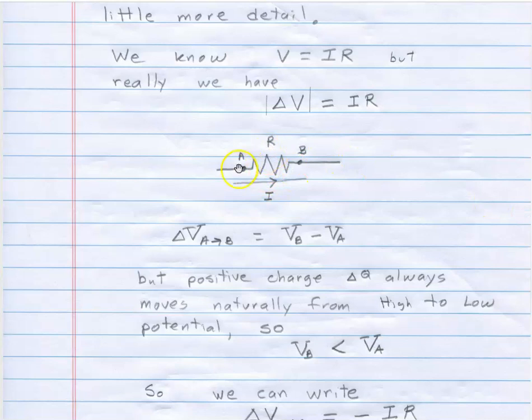Here's our resistor R. We've got a current flow, which I'm putting from left to right, from A to B. That may be the actual direction of current flow, or maybe we didn't know what the current flow was and we just assigned this direction as a guess, and we'll see how that transpires in subsequent lectures.